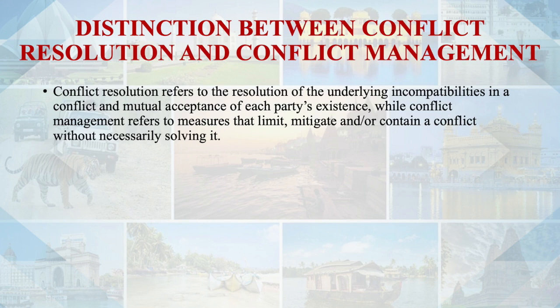Conflict resolution refers to resolution of underlying incompatibilities in a conflict and mutual acceptance of each party's existence. Remember the word: in conflict resolution, it is mutual acceptance of each party's existence. Whereas conflict management refers to measures that limit, mitigate or contain a conflict without necessarily solving it.